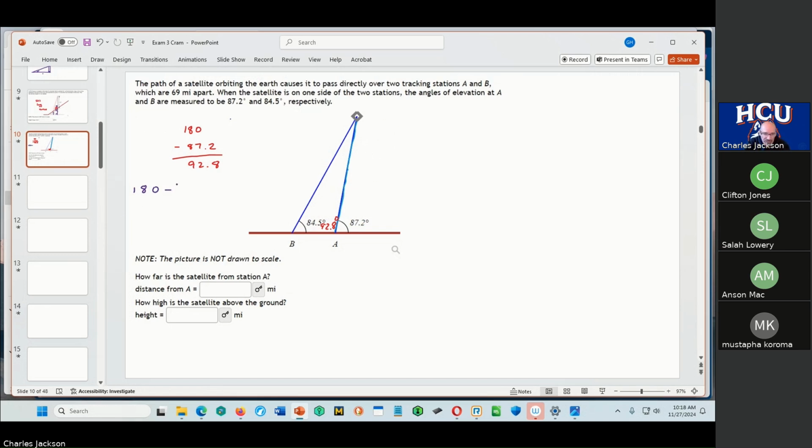So 180 minus the 92.8, which we happen to know is 87.2, minus the 84.5. So it's a tiny angle of 2.7 degrees. So yes, indeed, the picture is not drawn to scale. So big note there. 2.7.